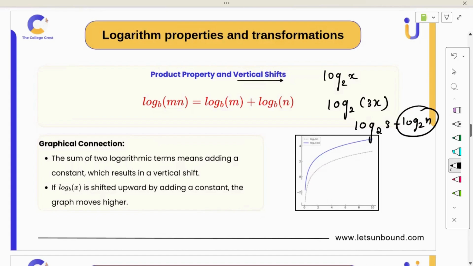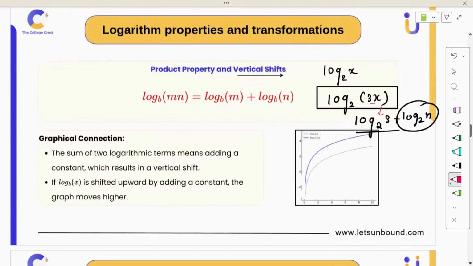So this is an OG function and a constant is added. So generally, the common rule is telling it's a dilation, right? Horizontal dilation. But your manipulation is telling it's also a vertical shift. Yes, it is also a vertical shift. And so it means log 2x, the OG function, is moved this many units up, right?